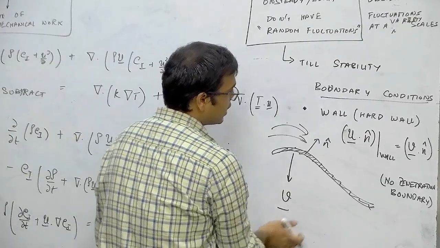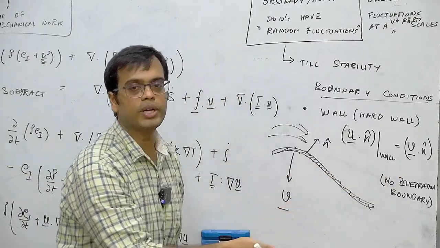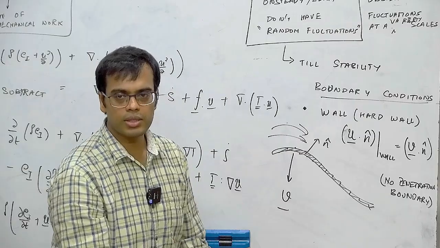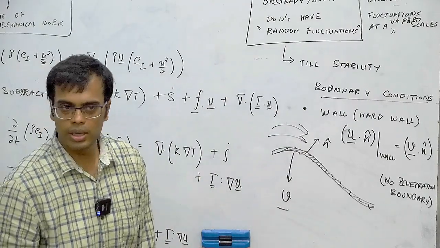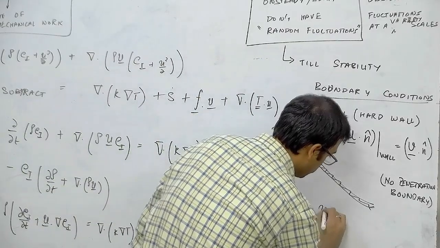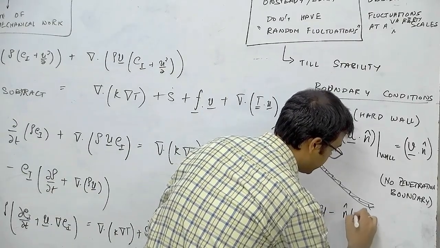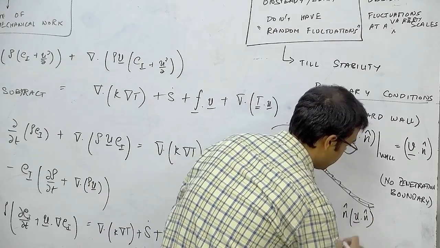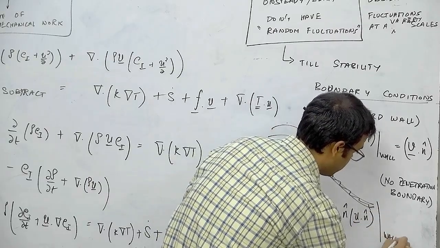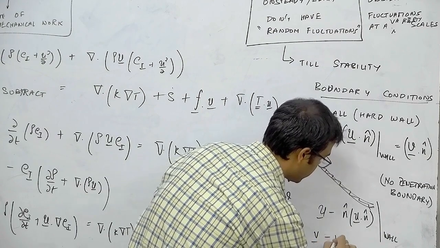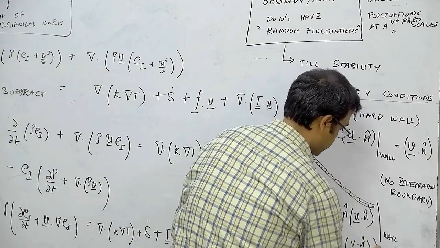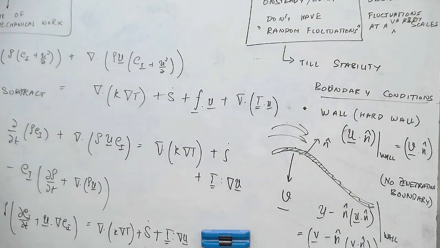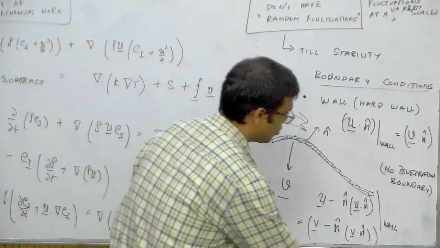The other one is that if the normal component is equal, then whatever remains is also equal. Whatever remains if you remove the normal component, the tangential component. So u minus n times u dot n at wall is equal to v minus n times v dot n, and this is called no slip boundary condition.